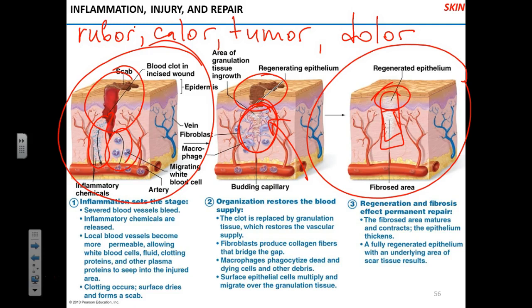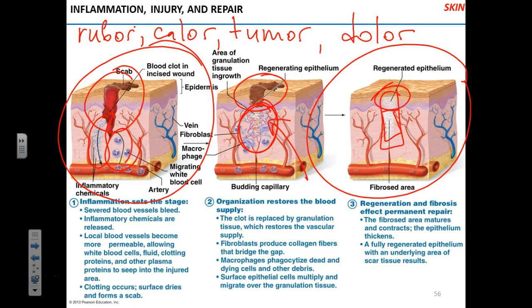Please understand those steps, those 4 signs of inflammation, the role for connective tissue forming the scar tissue, epithelium growing over that, okay? Very basic stuff, collagen fibers stitching the ends of the gap.